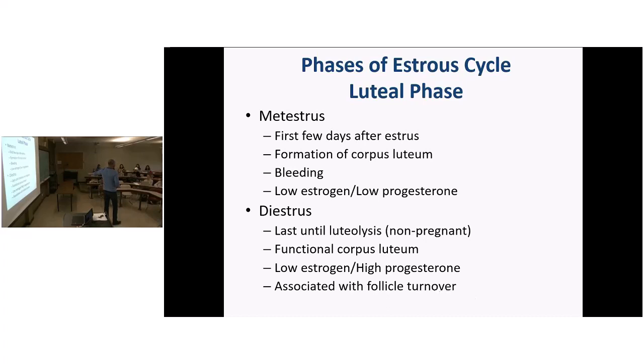And then eventually I can ask you, so what happens? What's going on if you have a follicle, or a CL, that never regresses? You would have lots of follicle turnover, which in a production system or in domestic animals would normally be very bad.